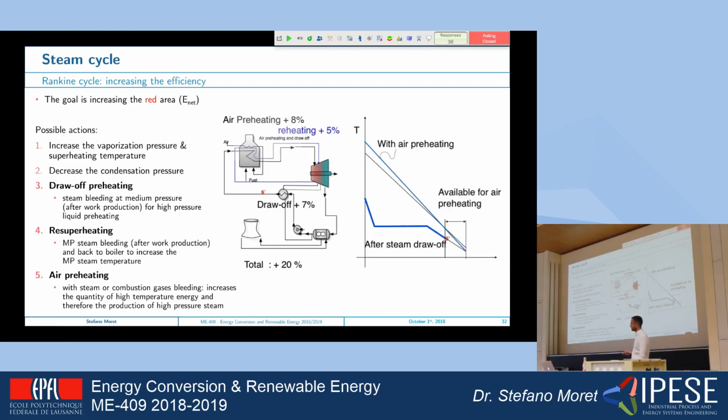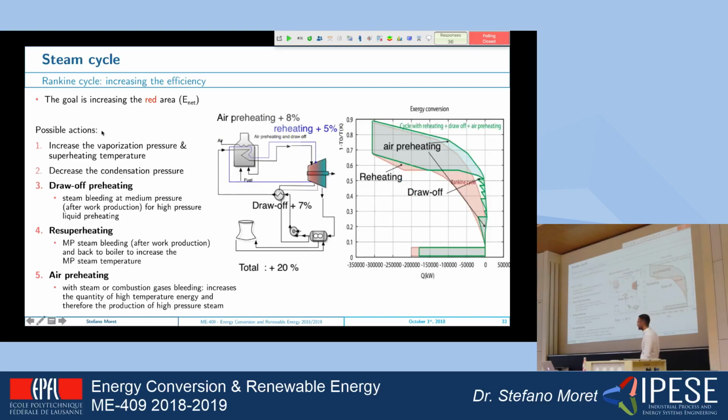And the last thing you can do is that if you do both draw off and re-superheating, if you look at the composite curve, the diagram of how you give heat to the cycle, you see that overall you have some free available heat that you can also use to preheat the air of combustion in order to increase the efficiency of the combustion. So overall, if you do these three actions, you can increase the efficiency of a cycle by around 20%.